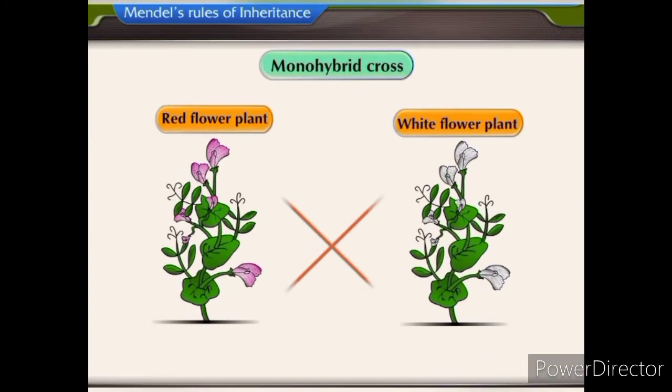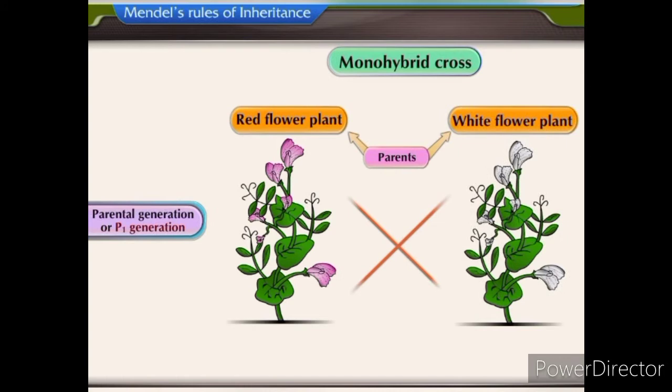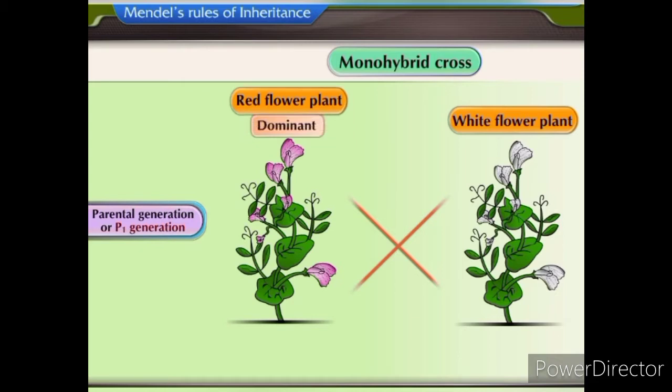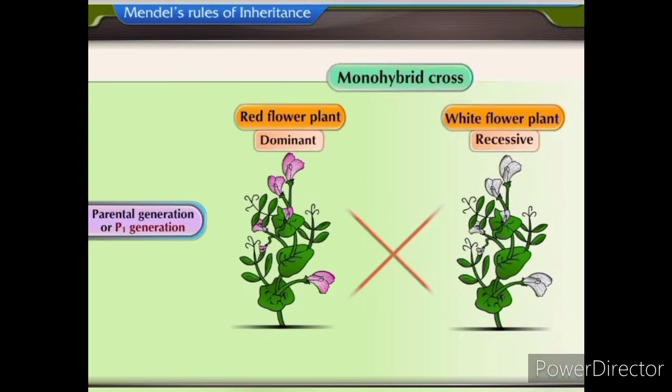Mendel selected one pea plant bearing red flowers and another pea plant bearing white flowers as parents to perform a monohybrid cross. These plants are considered to be of parental generation or P1 generation. The terms dominant and recessive were used by Mendel for red and white flowers respectively.